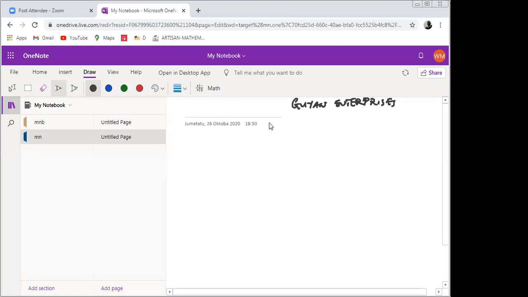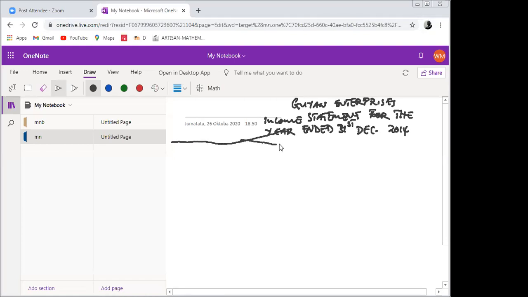We start with the first statement, which is the income statement for the year ended 31st Dec 2014. So you have your heading there. It should be at the center of your page.